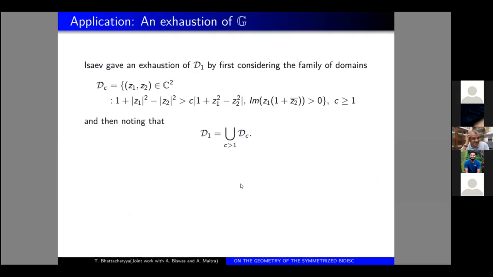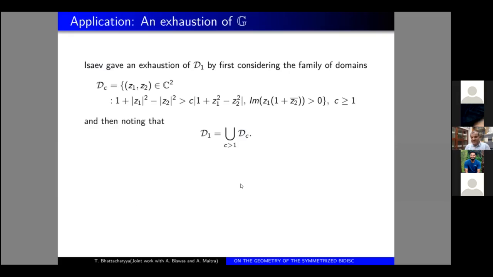Now comes another interesting thing. Isai gave an exhaustion of D1. Here, the parameter C has changed its role. I'll explain that. Remember when we defined D1, the parameter C belonged to the interval closed 0, open 1, that is 0 less than or equal to C less than 1.